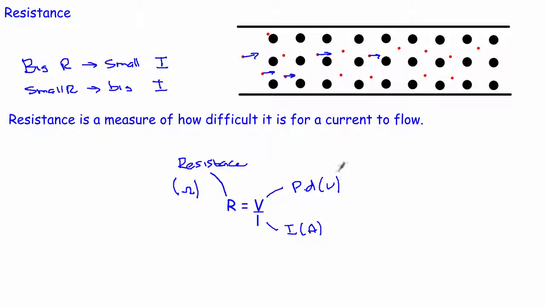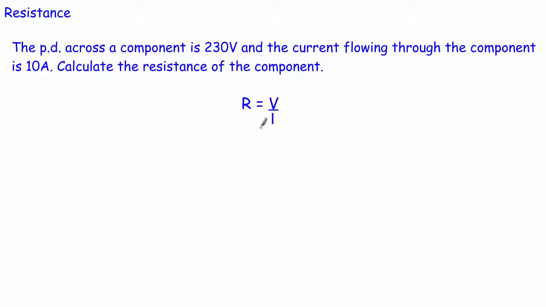So if we can measure the potential difference using our voltmeter, and we measure the current using an ammeter, and we do potential difference divided by current, then we can calculate the resistance of the component that we've put the voltmeter around. So, our very last problem: if we know the potential difference across a component is 230 volts, and the current through the component is 10 amps, I want the resistance.